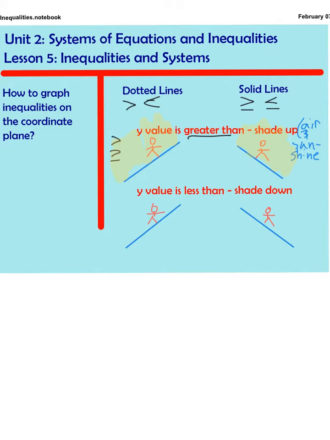Then if y is less than, you would have a symbol that looks like this or like this. So if it's less than, we're going to shade down. Shading down means where things are buried.